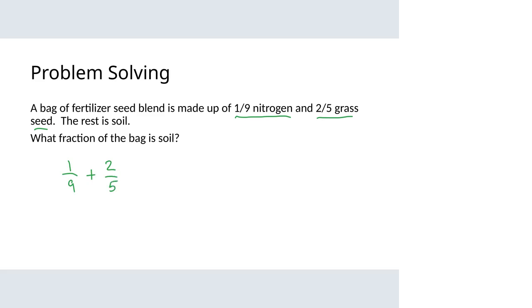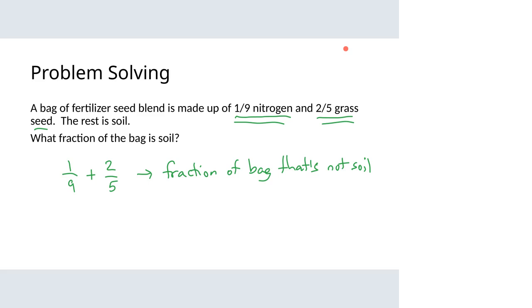And that's going to give us the fraction of the bag that is not soil. So there's nitrogen in there, there's grass seed in there, and everything else is soil. If we want to know what fraction of the bag is not soil, we just add the nitrogen and the grass seed together. Now to do that, we'll need a common denominator.